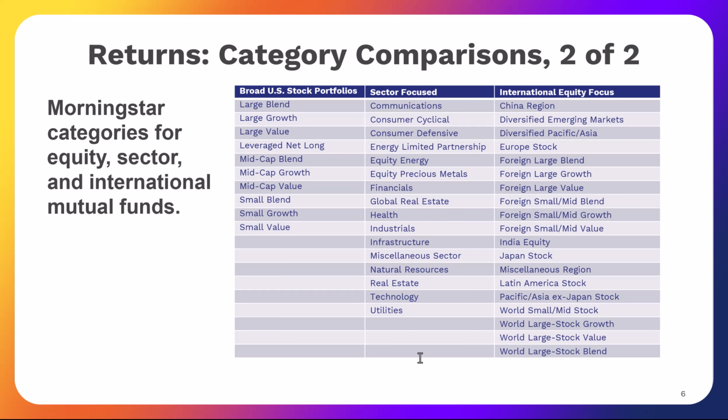Currently, a thing going on right now in sectors is the ETFs on AI. We can also look at international types of equity focus. So again, Morningstar provides categories for the sector, for the size, for the international flavor of different kinds of investments.